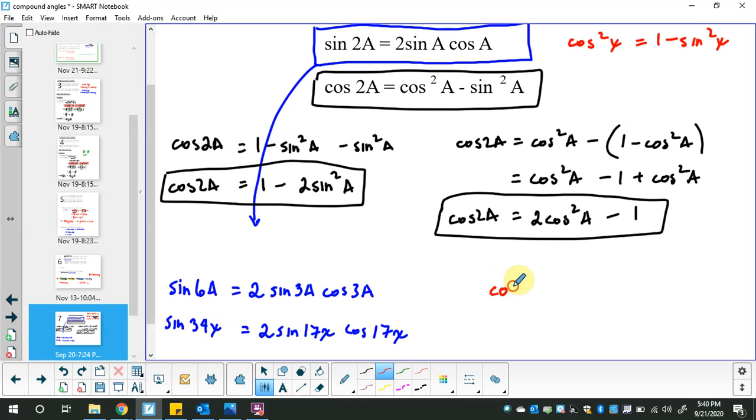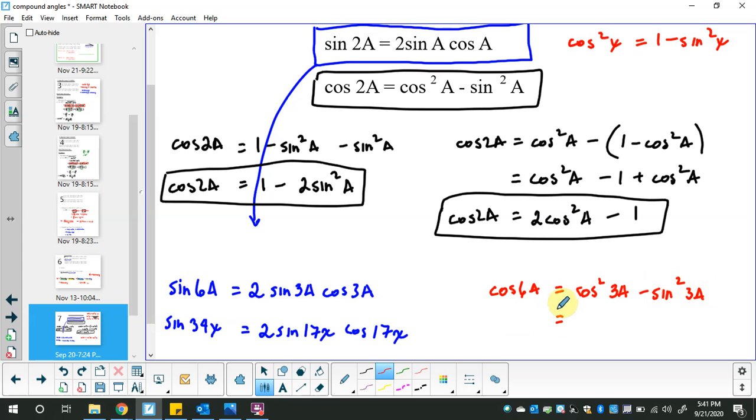If I have cos 6a, just to maintain this, I could write cos squared of 3a minus sine squared of the other 3a. So that's how this splits up.